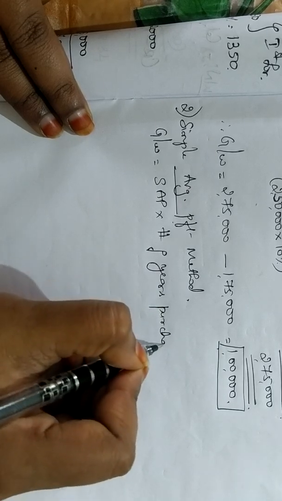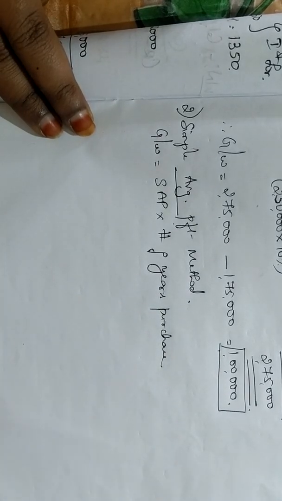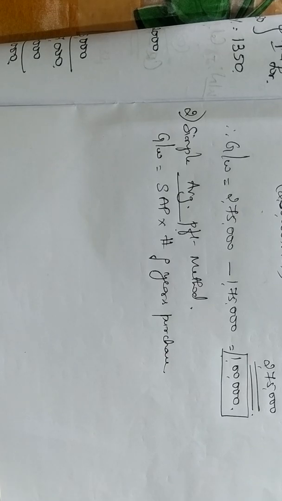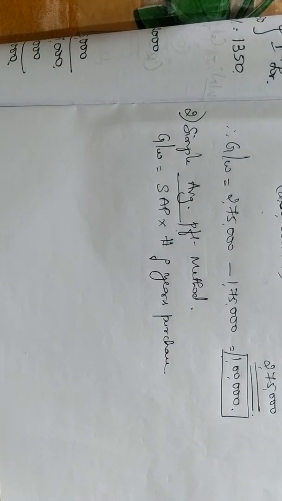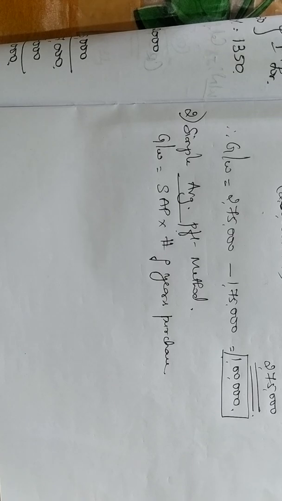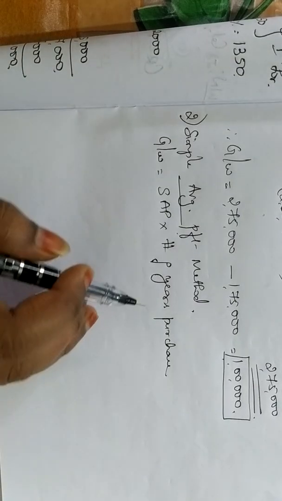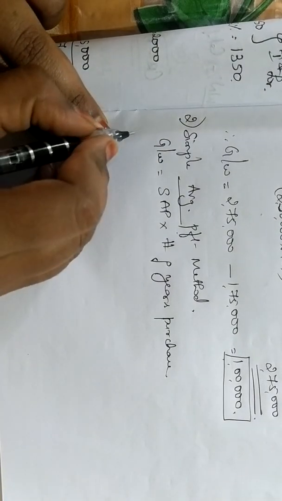Number of years purchase means, say for example, if X company is buying Y company and they tell you number of years purchase is 3 years, which means that X company can earn the same profit as Y company for 3 years of time. So that goodwill is there in the market for 3 years. For 3 years you will have the same reputation for the business. That is called number of years purchase. So SAP into number of years purchase will give you goodwill.